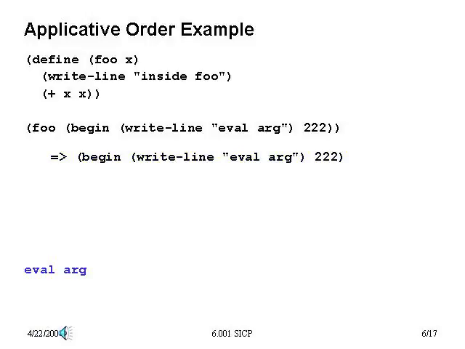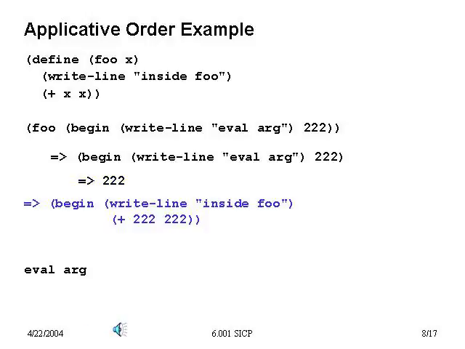Evaluating this argument says evaluate this begin statement, and therefore we evaluate the first sub-expression, which writes out on the screen "eval arg". We then evaluate the second expression, 222, and since this is the last sub-expression in this begin, that's the value we return as the value of the overall argument. That's the value we're going to use in the application of foo. Great, so now we apply the procedure named foo to that argument 222.